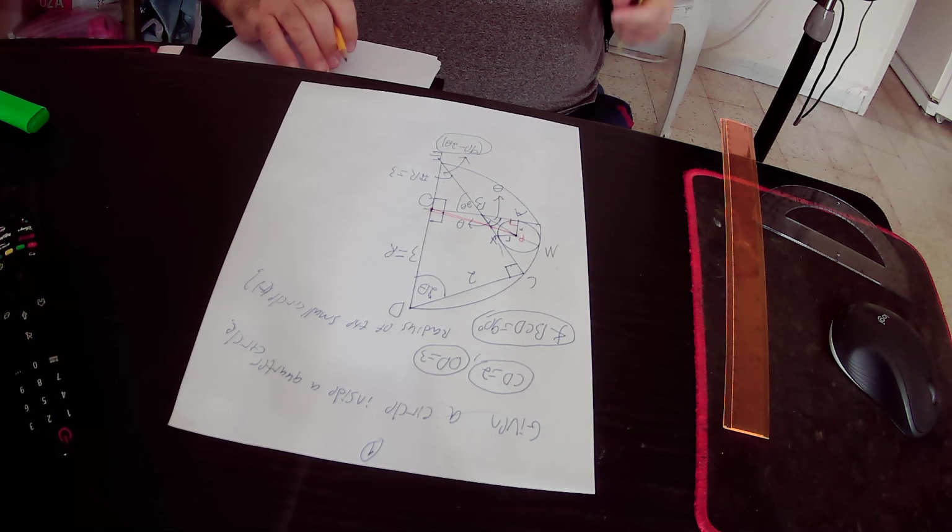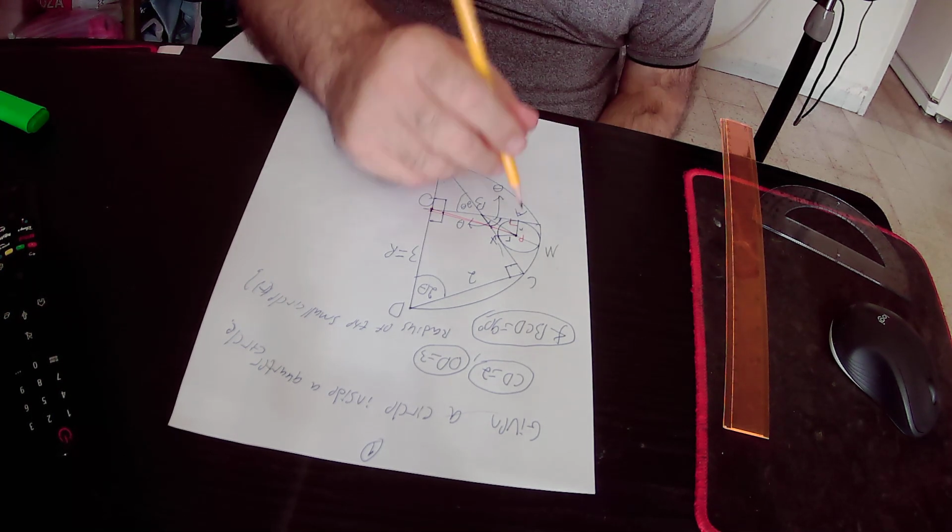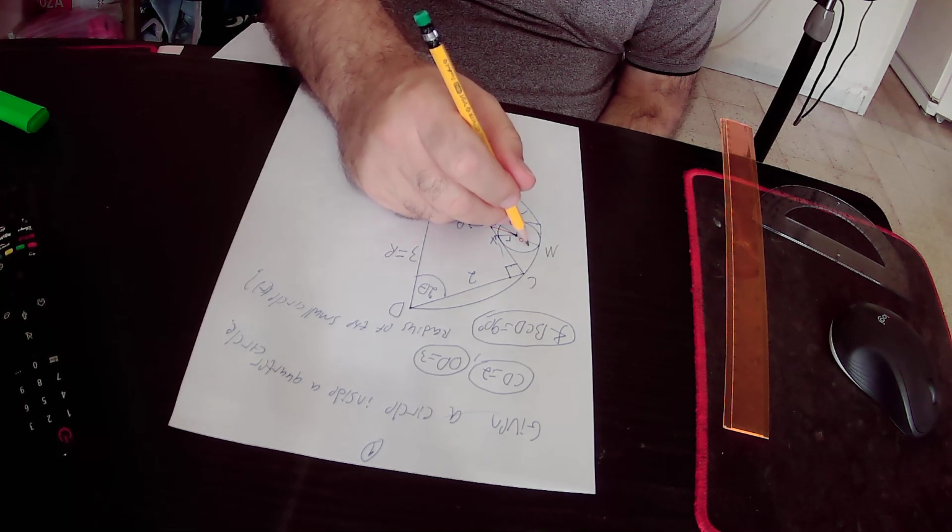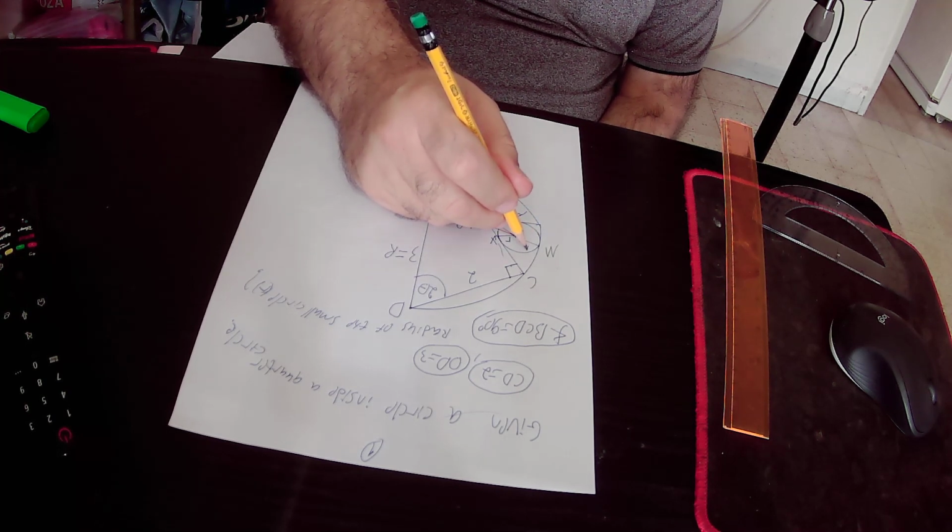As you can see from the drawing, MP is the radius of the small circle. We'll mark it as small r.